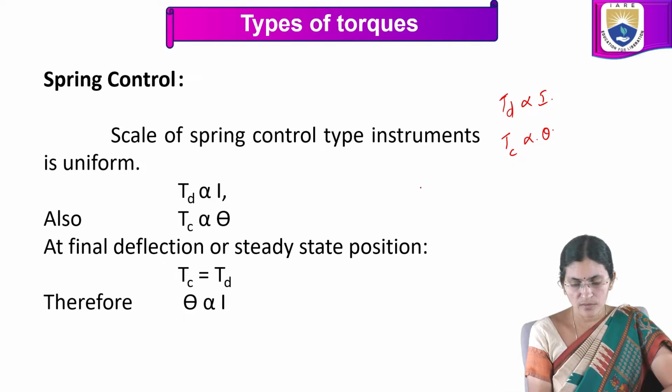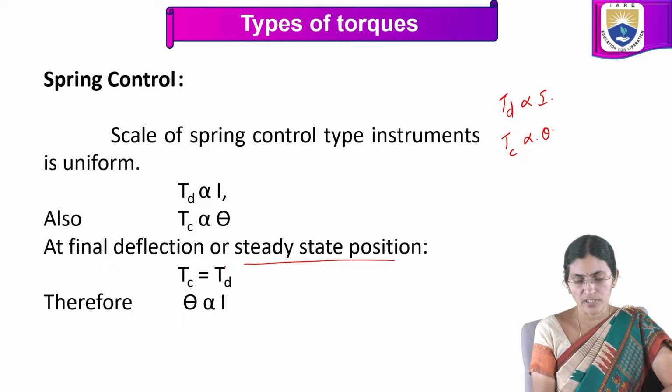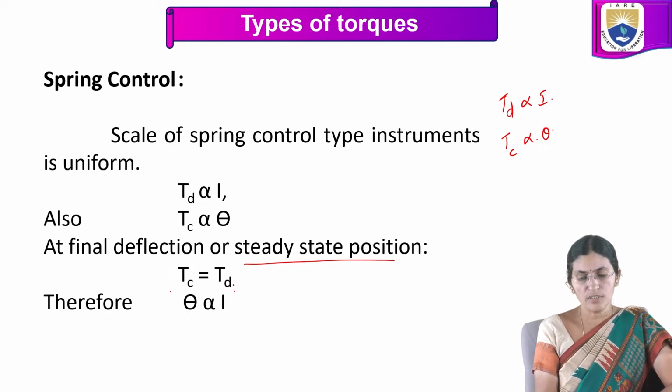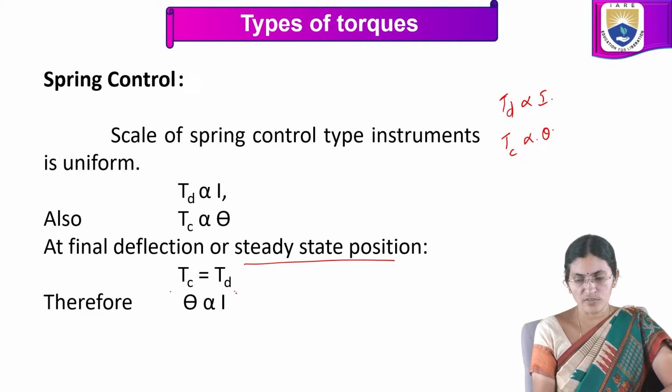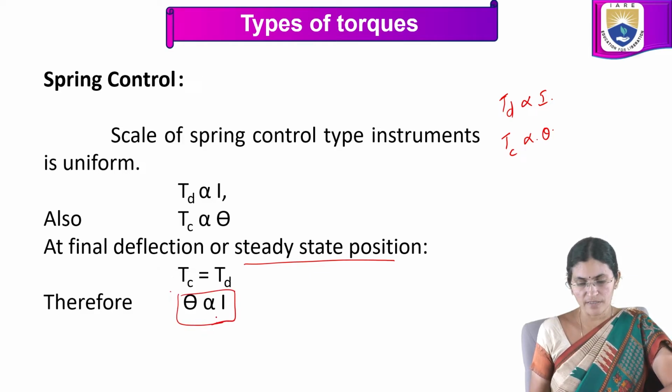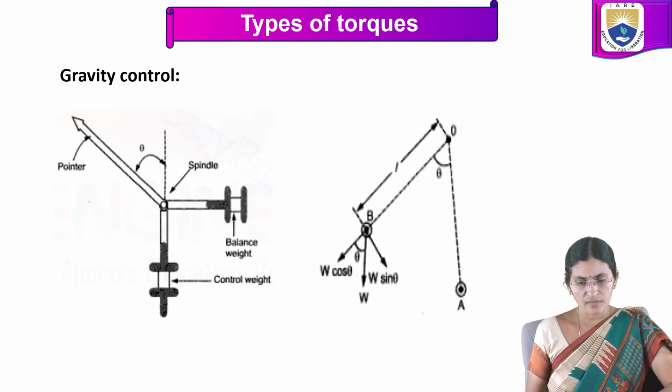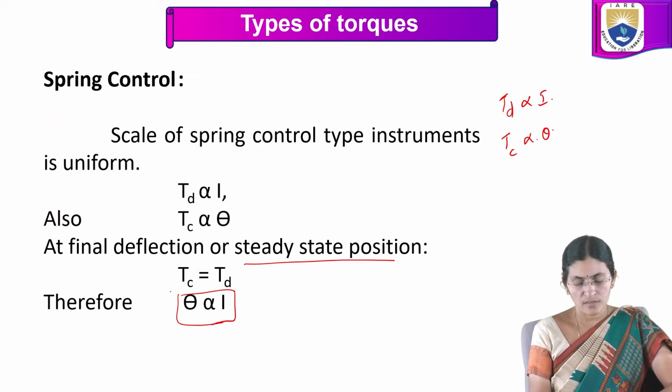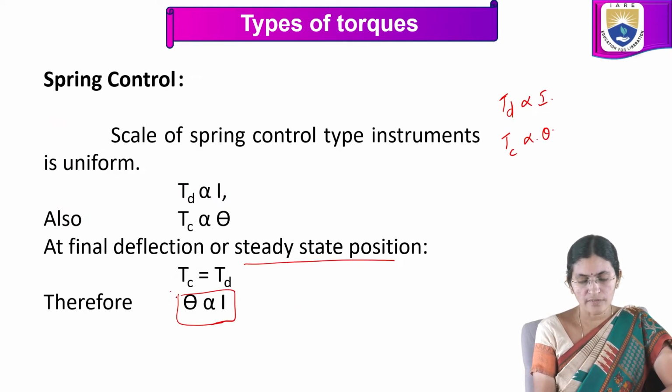At steady state or equilibrium, at final deflection, the controlling torque is equal to the deflecting torque. So from these two we can write theta is proportional to I. This is an important relation. So theta is proportional to the magnitude of the current.